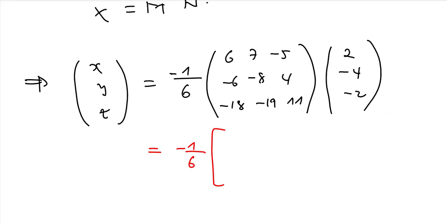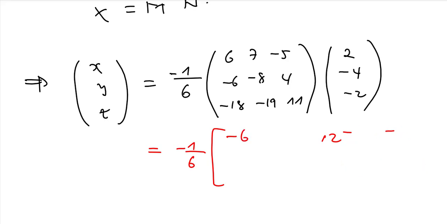Here we have 6 times 2, which is 12, plus 7 times negative 4, which is minus 28, plus negative 5 times 2, which is minus 10. Now 12 minus 10 is 2, and 2 minus 28 will give negative 26.